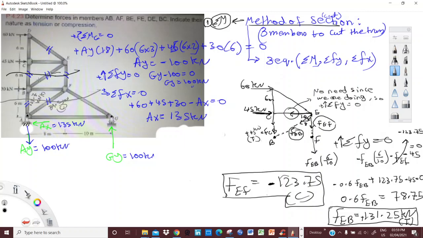FEF is 123.75 compression, and we also found FEB, which is 131.25 kilonewton. Okay, let's find the joint at D.